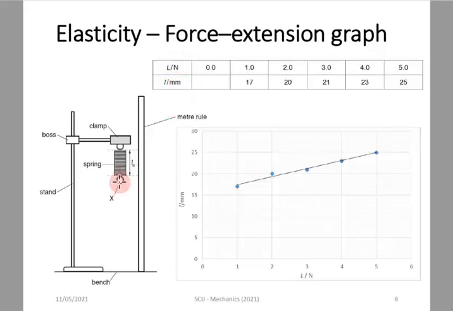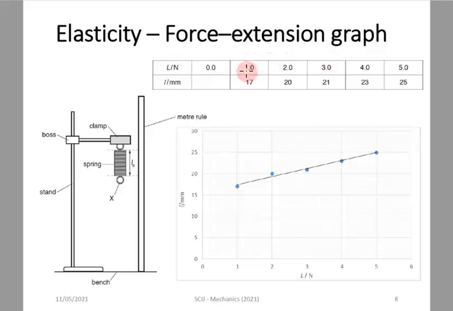The force that is going to be hung on this one, we call it the load, and it will be in Newton. Then the extension, this one is not just the extension, it's for the whole length of the spring. If we hook something on this one, we measure all the way from the spring to the final point where it extends. Then we can have a table.